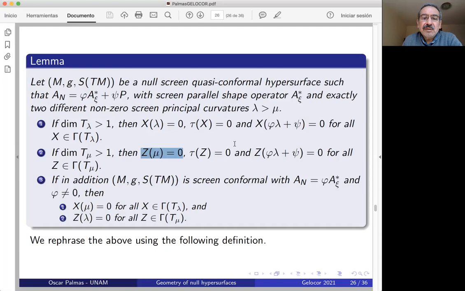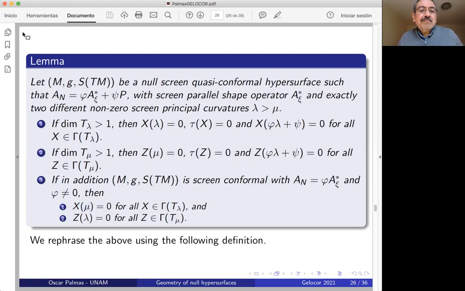If, moreover, this null hypersurface is screen conformal, then we also have that the other screen principal curvature is constant along the leaf of T lambda, and the same for the other screen principal curvature.